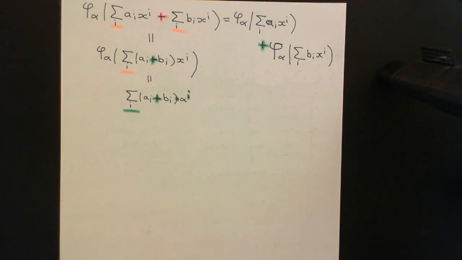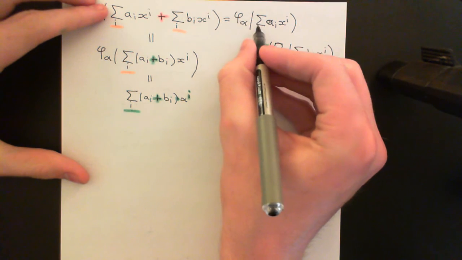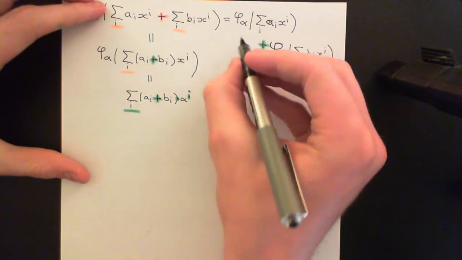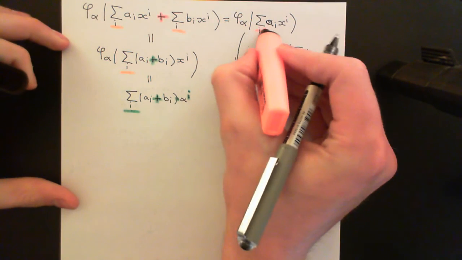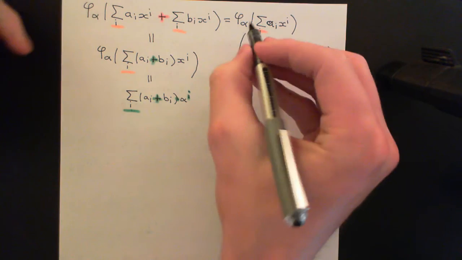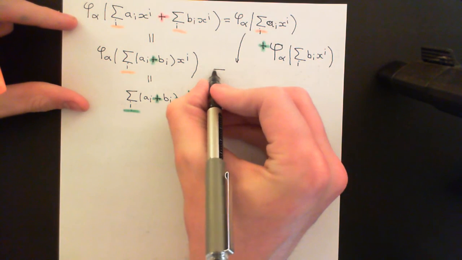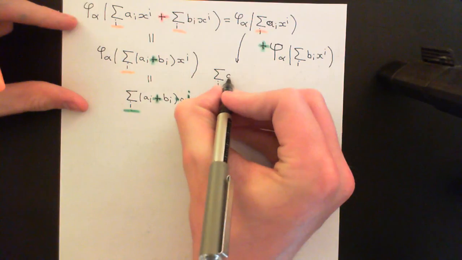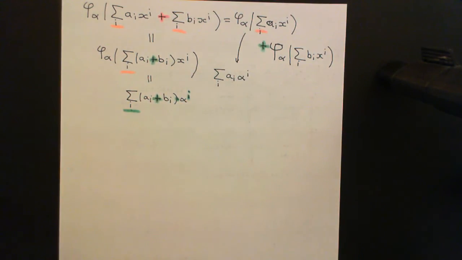Now let's consider what the answer will be on the right-hand side. On the right-hand side, we're doing phi alpha of this polynomial here. Firstly, let's remind ourselves that that's abstract, symbolic addition here. And phi sub alpha of this is just going to be equal to the sum over i of a_i alpha to the i, where now we've gone into green addition.